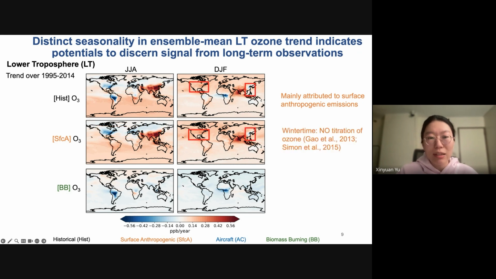While in high NOx regions in winter, the NO emissions titrate ozone. So increases in emissions in East Asia decrease ozone, while decreased emissions of NOx in the US and Europe increase ozone.